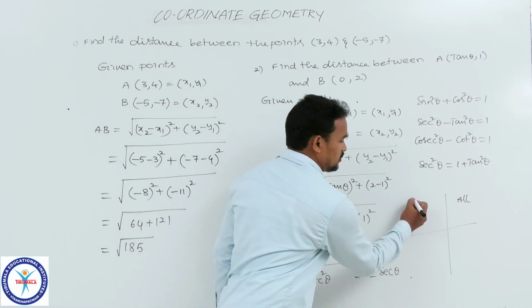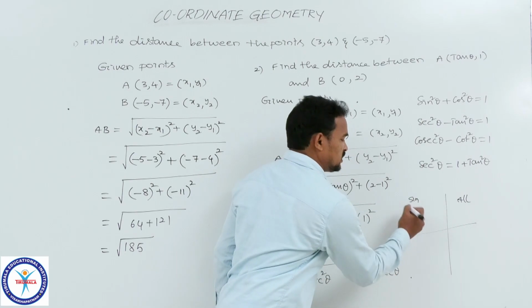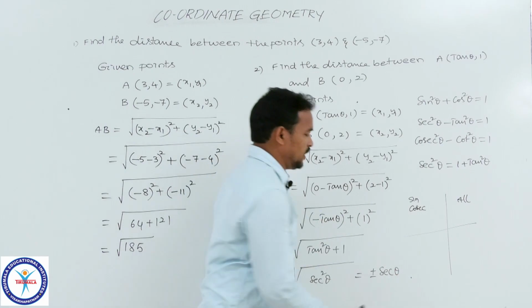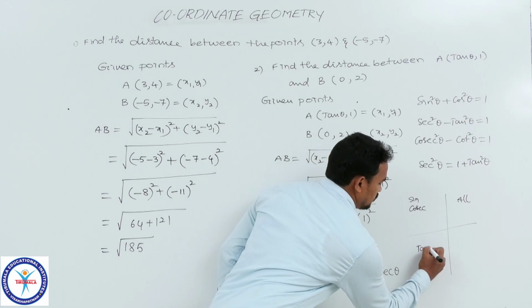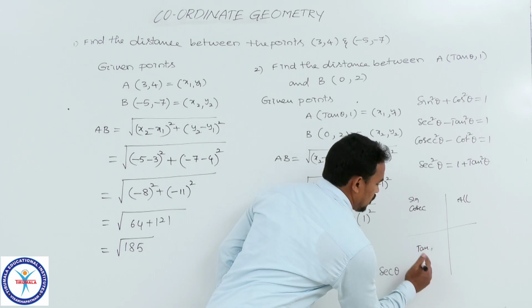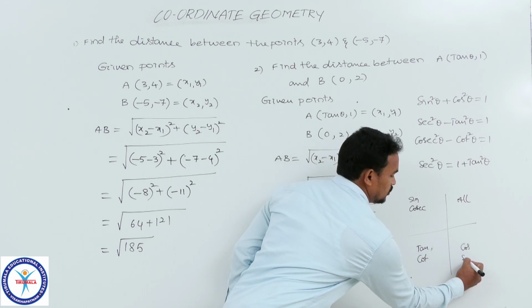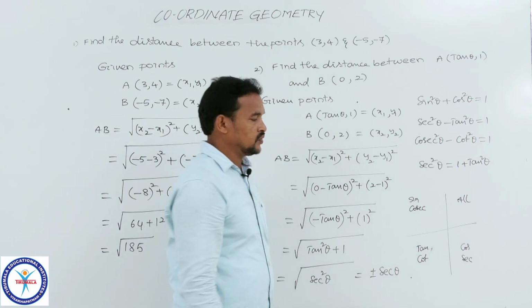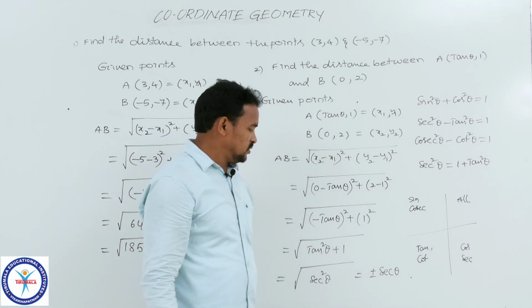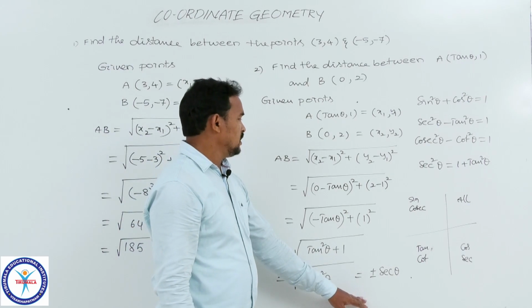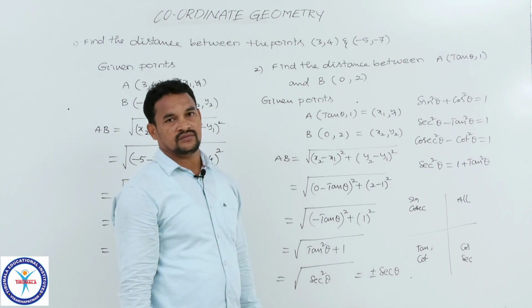In the second quadrant, sine and its reciprocal cosecant are positive. In the third quadrant, tan and its reciprocal cot are positive. In the fourth quadrant, cos and secant are positive. Based on this concept, secant theta value is either plus or minus. It is the distance between A and B.